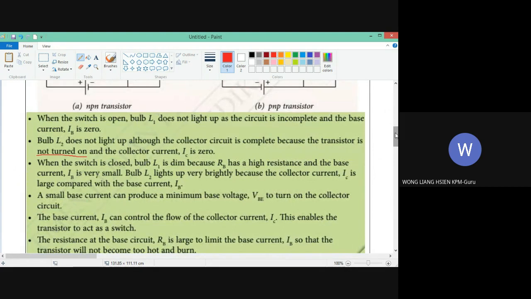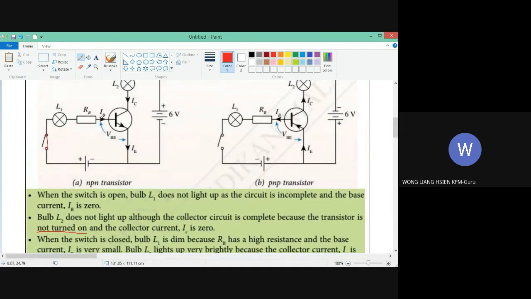Actually, this is done on purpose. They purposely put a big resistor here so that the base current is smaller.